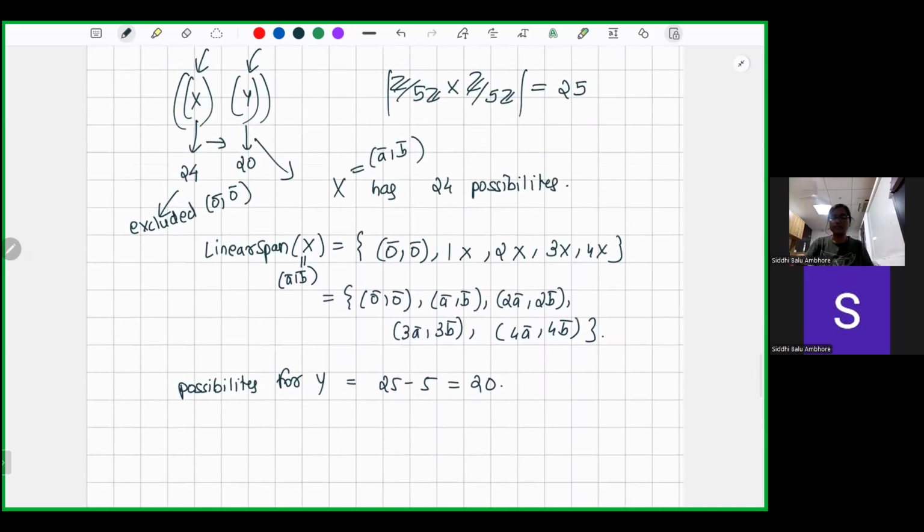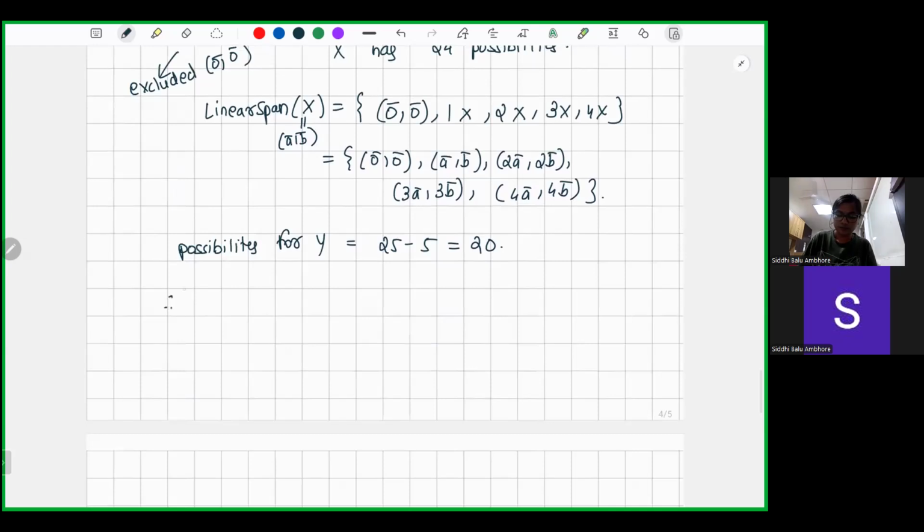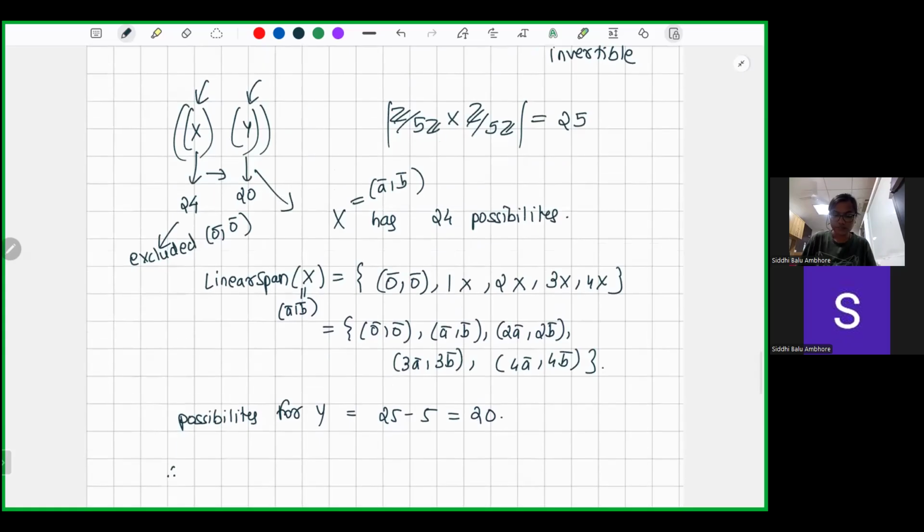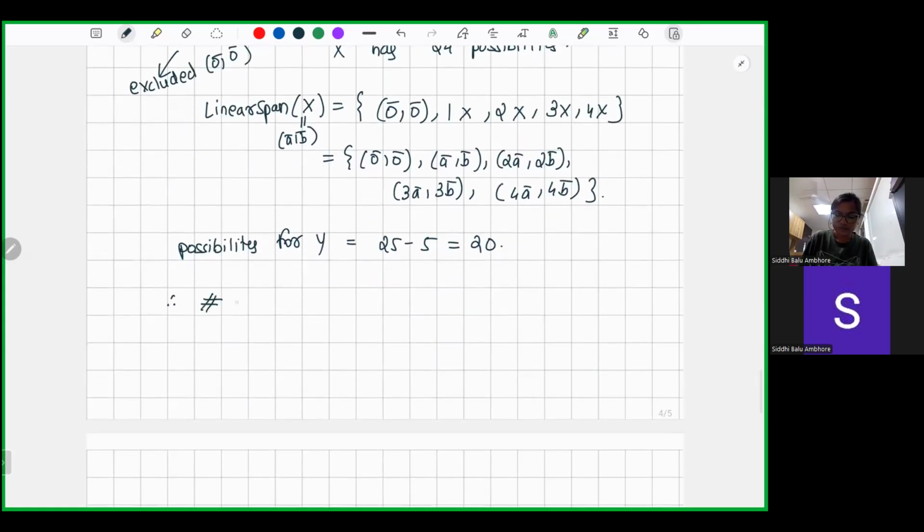Therefore, the cardinality of GL2(Z5) will be 24 into 20, and this will be 480.